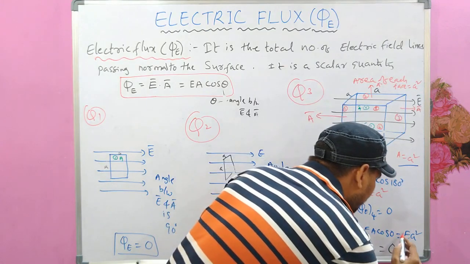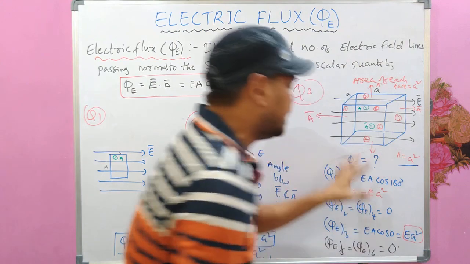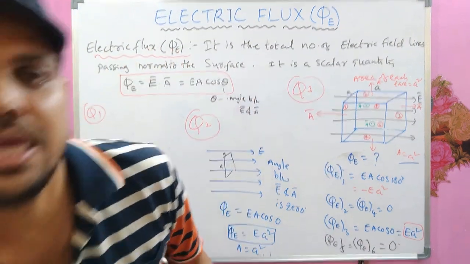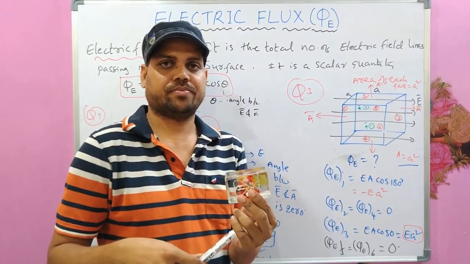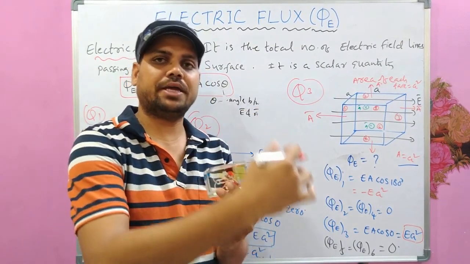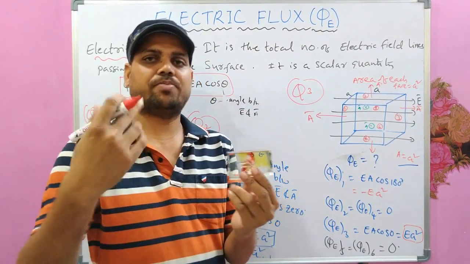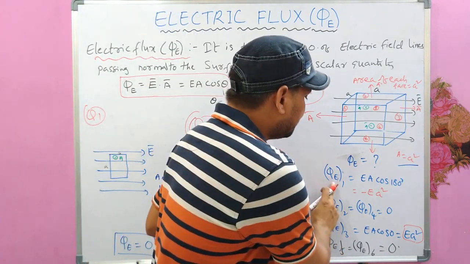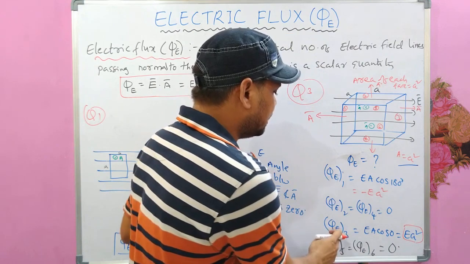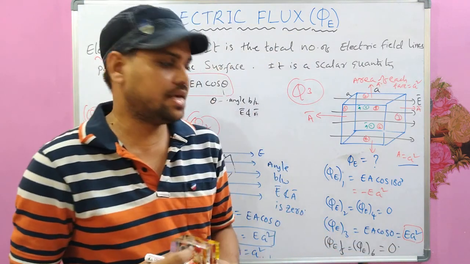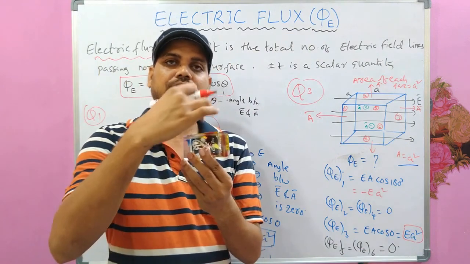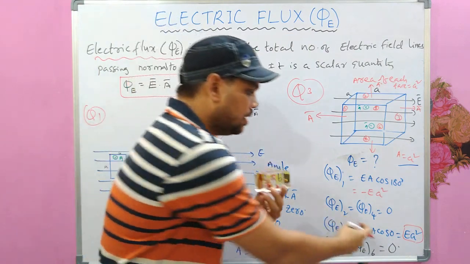So now we have got flux linked to each face of the cube. Phi E1, phi E2, phi E3, phi E4, phi E5, phi E6. If you observe, only phi E1 is minus EA square and phi E3 is plus EA square, and the fluxes linked to the other four faces are 0.